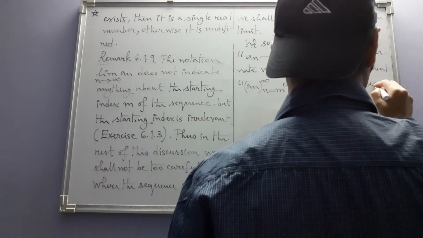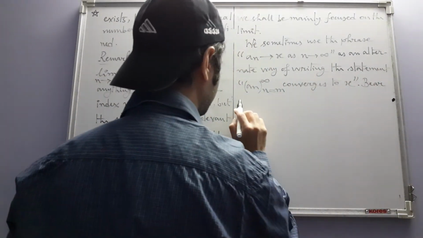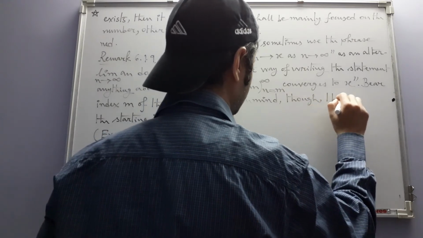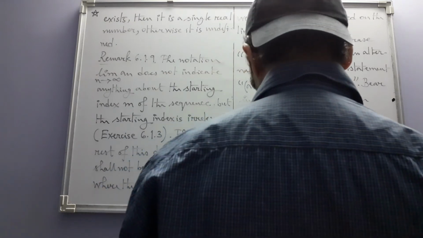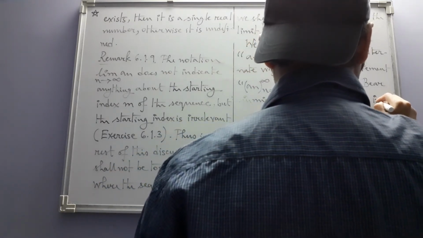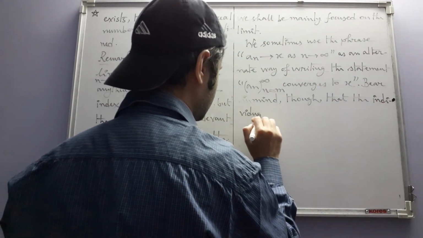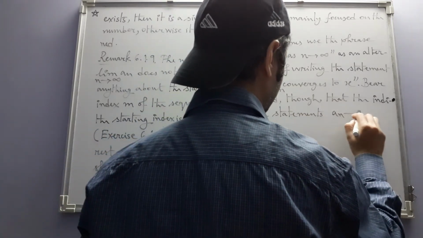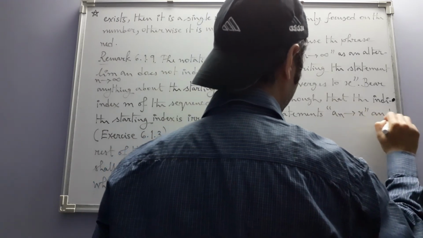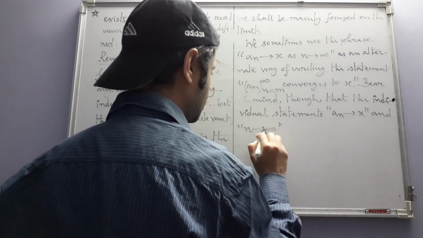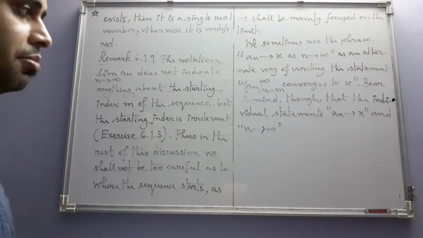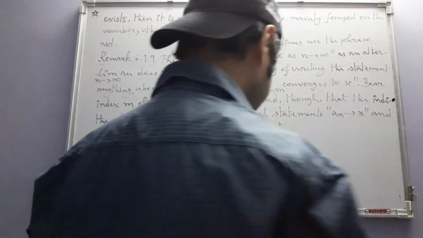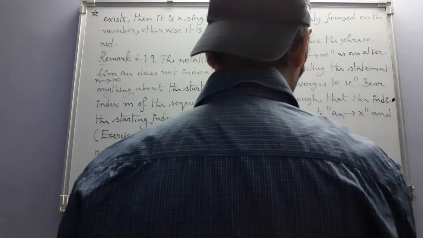But we have to exercise caution. Bear in mind though that the individual phrases, individual statements, a_n tends to x and n tends to infinity, are meaningless. We are not assigning any meaning to these statements individually. Only when they come together in this form does this mean this.